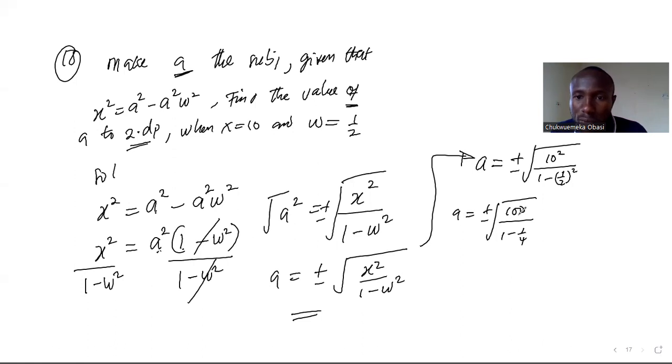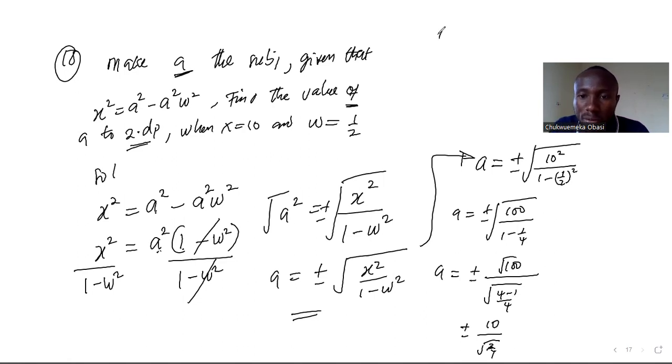And you can go further to say a is equal to plus or minus square root of 100 over square root of, here will be 4 minus 1 over 4. When you do the LCM for this guy, that should give me plus or minus square root of 100 is 10 over square root of 3 over 4, right?